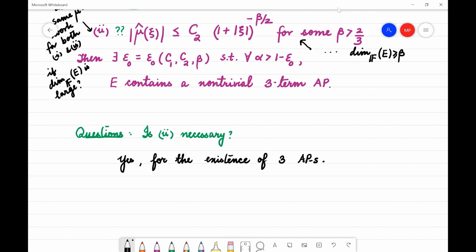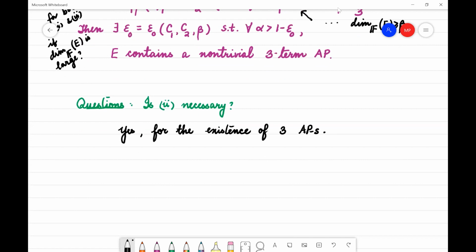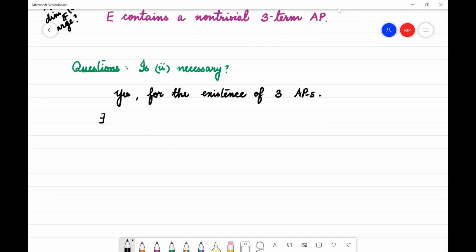What I mean is that it has been well known that there exists a set E, a subset of [0,1], with full Hausdorff dimension, such that E avoids all non-trivial progressions.